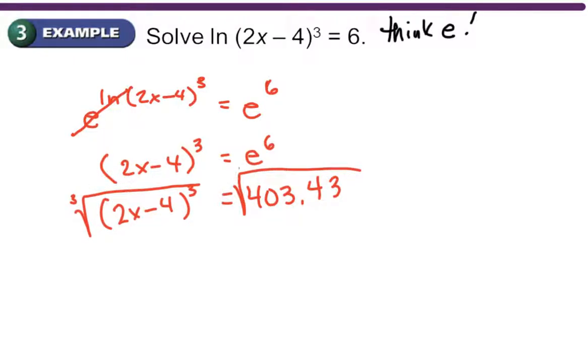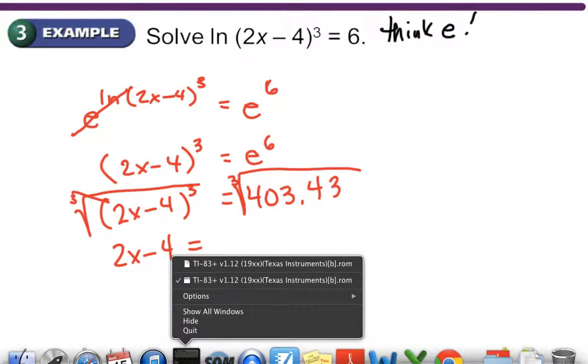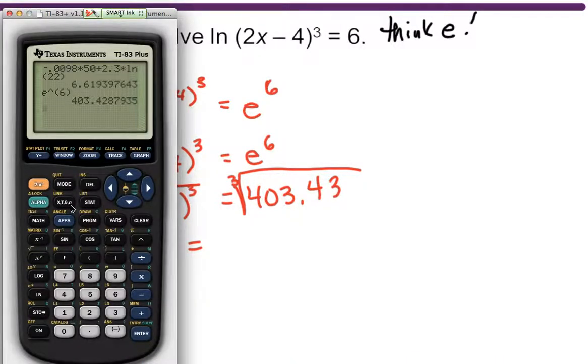Okay, so that cancels those out, and now we have 2x minus 4 equals the cube root. Remember the math menu, we have to find the cube root, it's number 4. I'm going to do second answer because that's going to put the last answer in for this. So now that gives us 7.39.